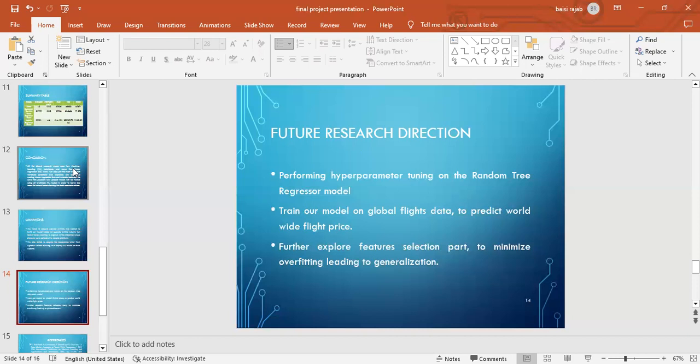When a person uses our model, he or she can be able to predict that. We also want to explore further the feature selection part, minimizing overfitting leading to generalization, because when we are feature engineering, we tend to maximize overfitting. So right now we want to minimize overfitting and we want to generalize everything instead of specializing it.